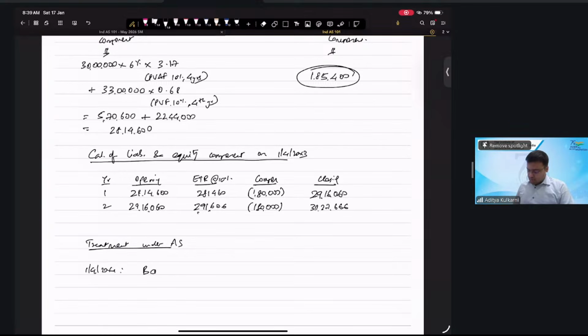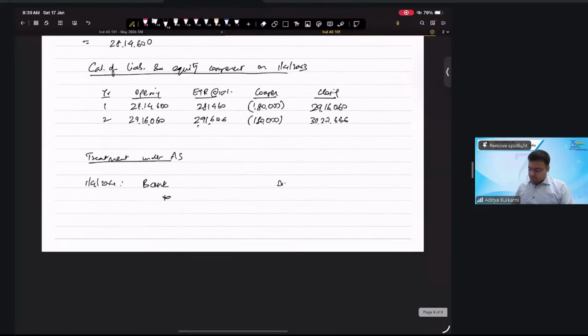1 April 20X1. Bank account debit, to convertible debentures 30 lakhs, correct? 30 will be redeemed at 33.